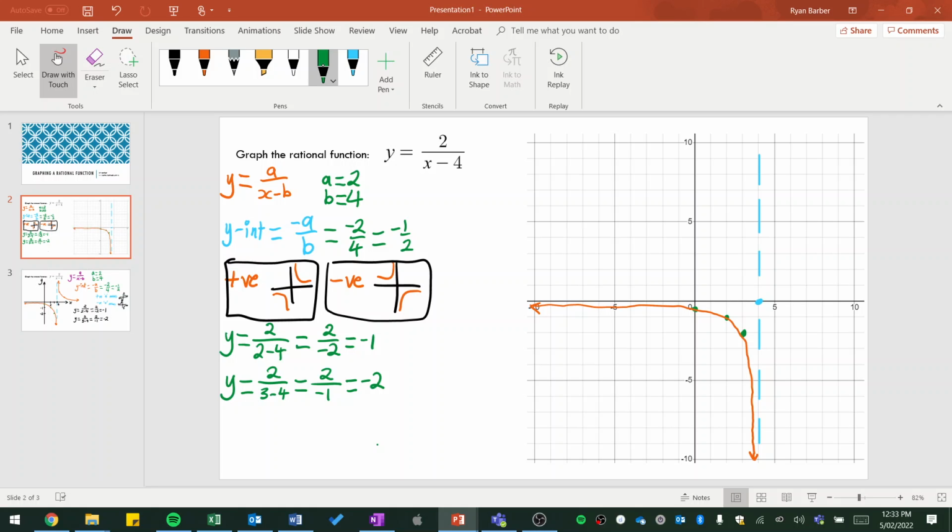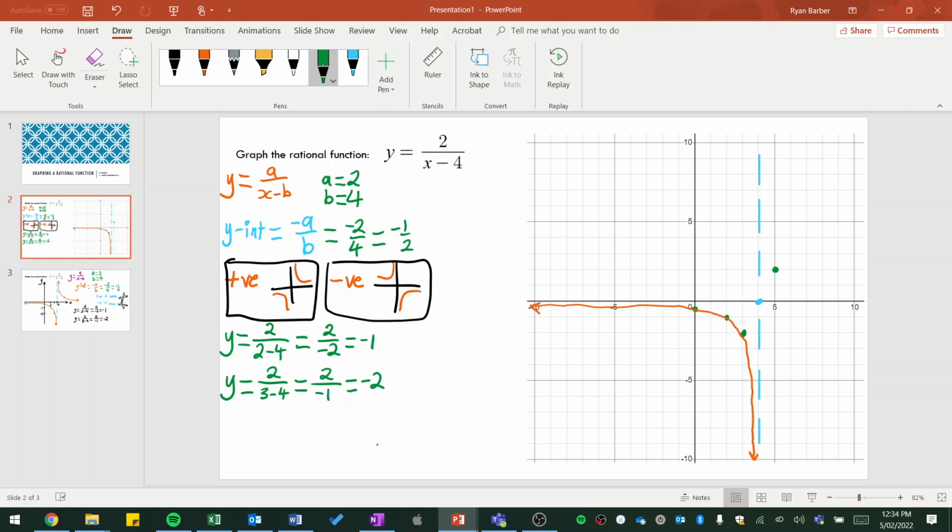into the opposite quadrant. So for example, we have x is equal to 3, y is equal to negative 2. So if I flip that into the opposite quadrant, I would have x is equal to 5 and y is equal to positive 2. I have x is equal to 2, y is equal to negative 1.